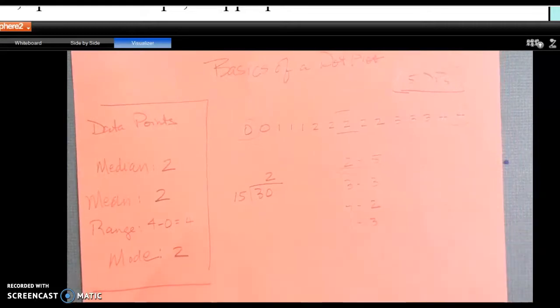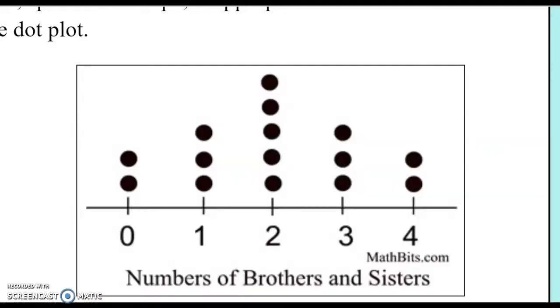Let me also show you one additional thing. When I take a look at my dot plot, if I'm looking for the number that is right in the middle, this is another way if I don't want to lay all of my data points out like I just did on the paper. Remember we had 7 on the left-hand side, 7 on the right-hand side, and the one right in the middle is our 8th data point.